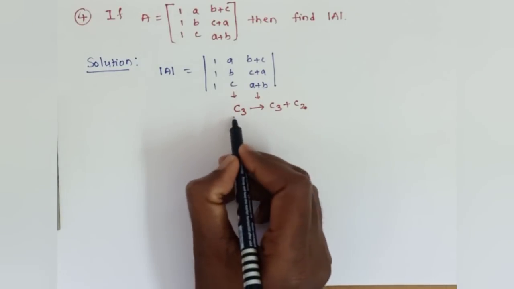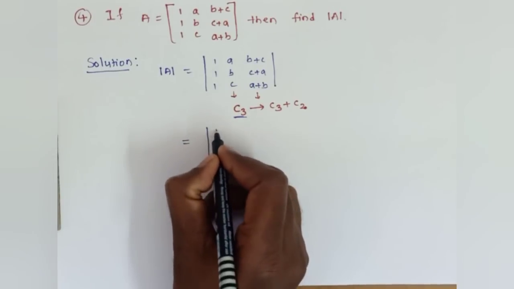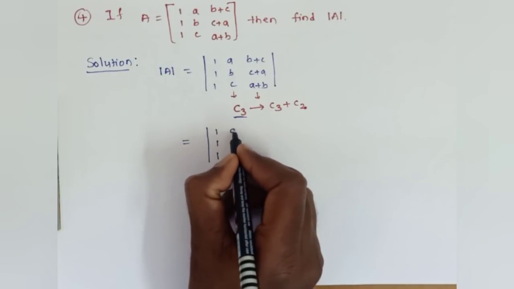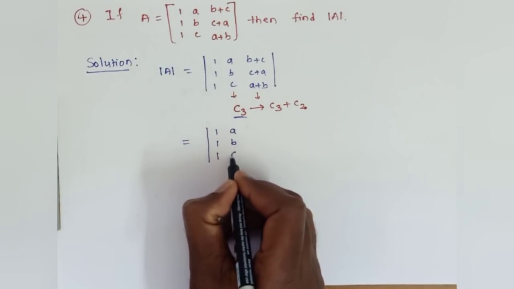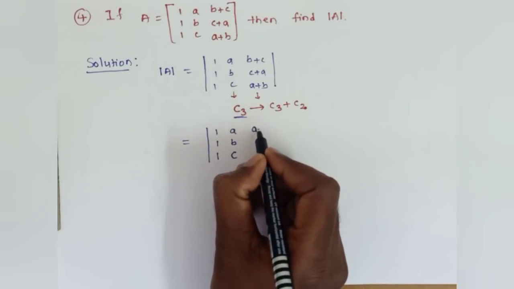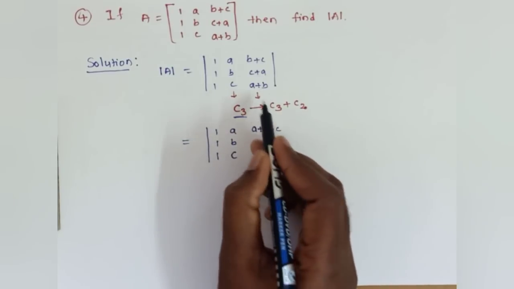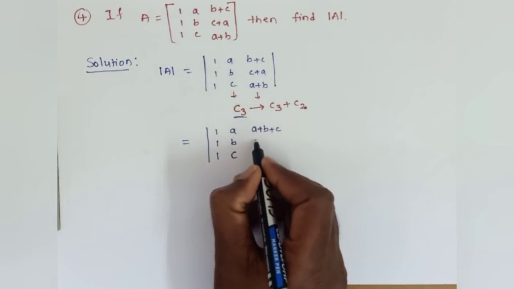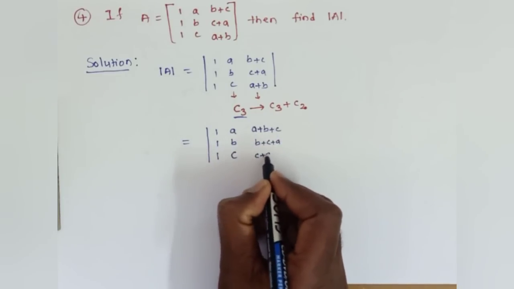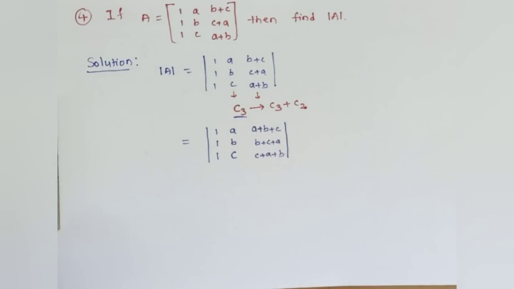There is a change in only column 3. The elements of column 1 are as they are, 1 1 1, and no change in column 2, A B C. Now this is A plus B plus C. Next, this plus this, so it is B plus C plus A, and this is C plus A plus B.